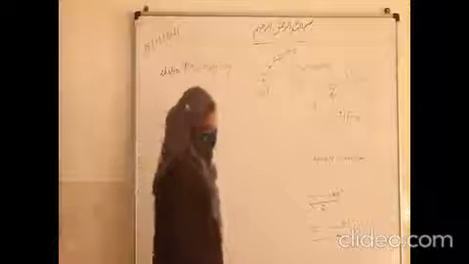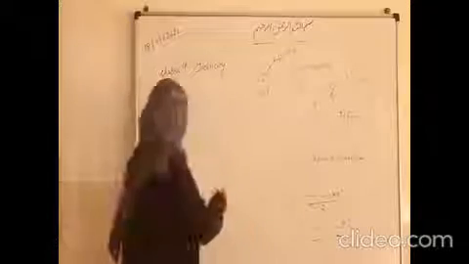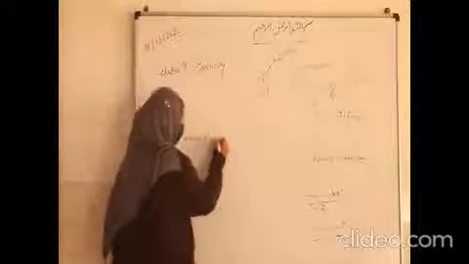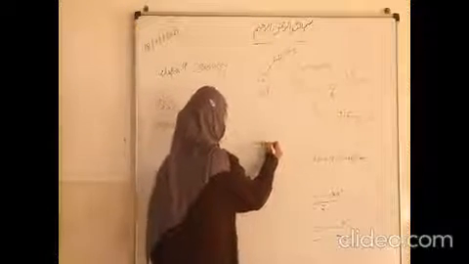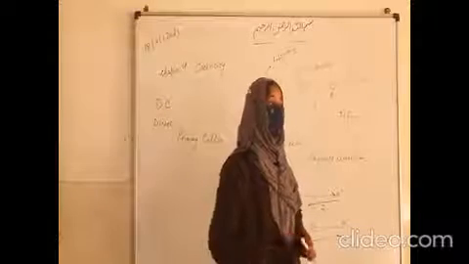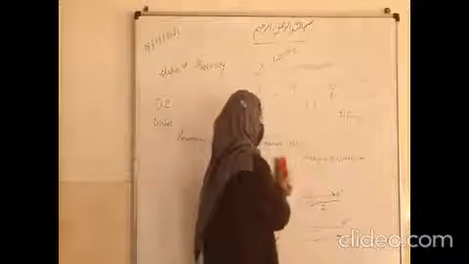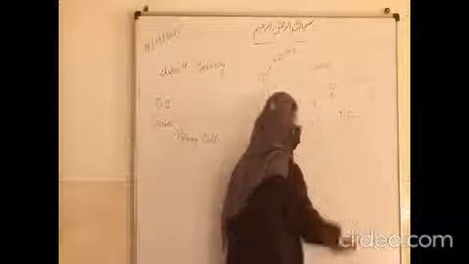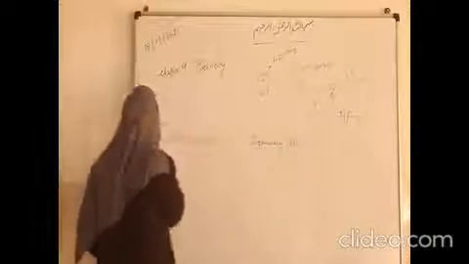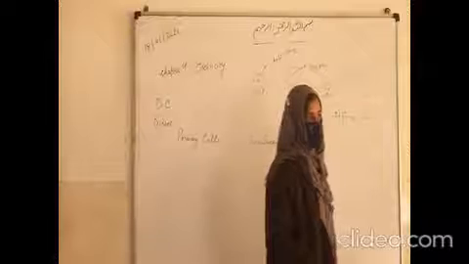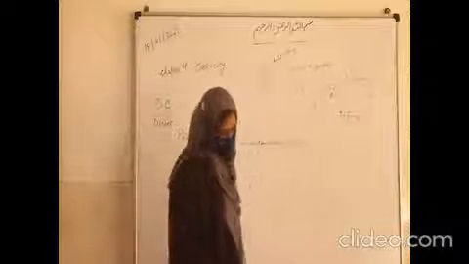Now there are two types of cells: primary cells and secondary cells. In a very simple definition, we differentiate them like this: if a cell can be recharged again, it is a secondary cell, and if it cannot be recharged, it is not reversible, then it is a primary cell.